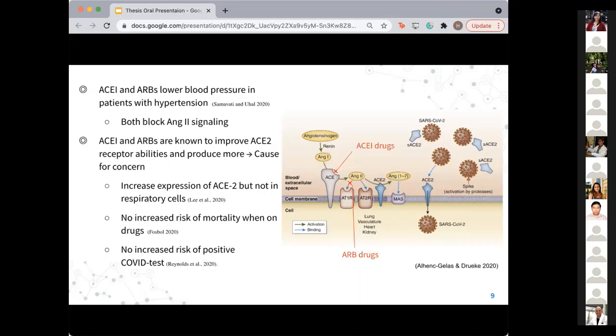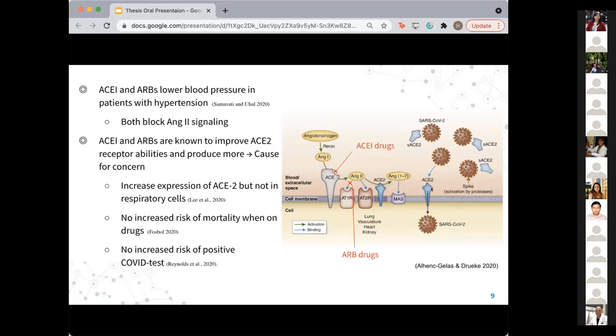Now, previous studies have shown that ACE-Is and ARBs not only improve the ACE2 receptor's abilities, but they also produce more ACE2 receptors. And this could be detrimental in a COVID-19 infection, right?